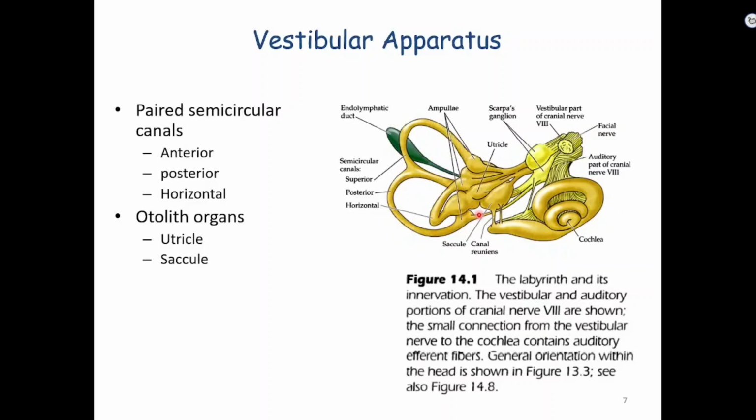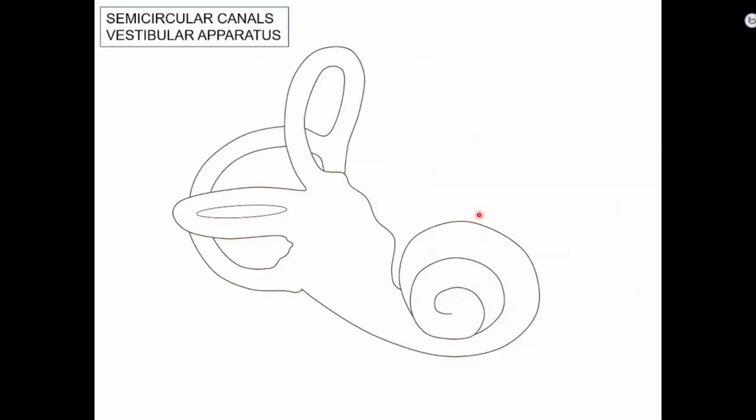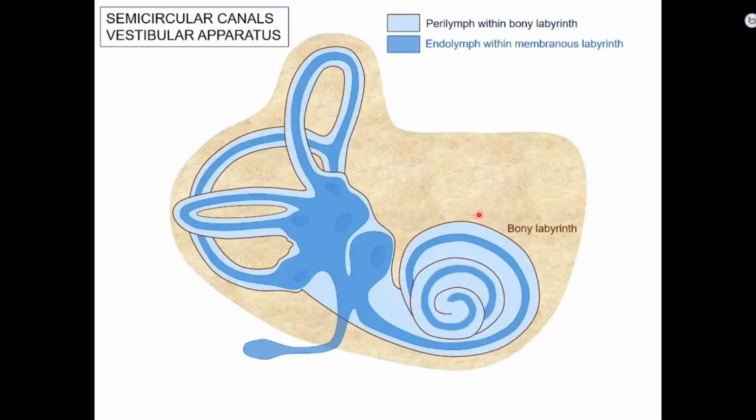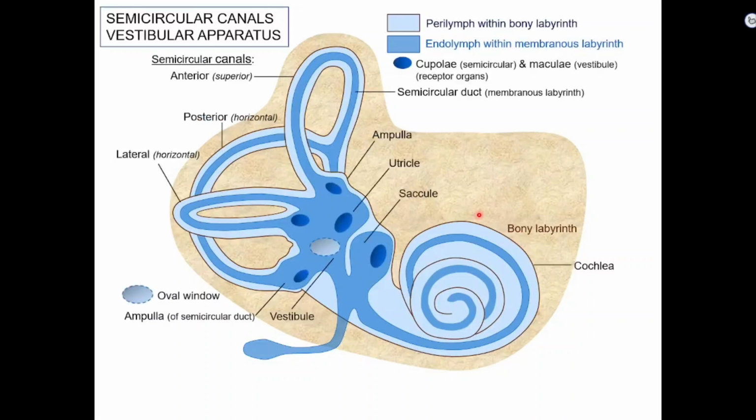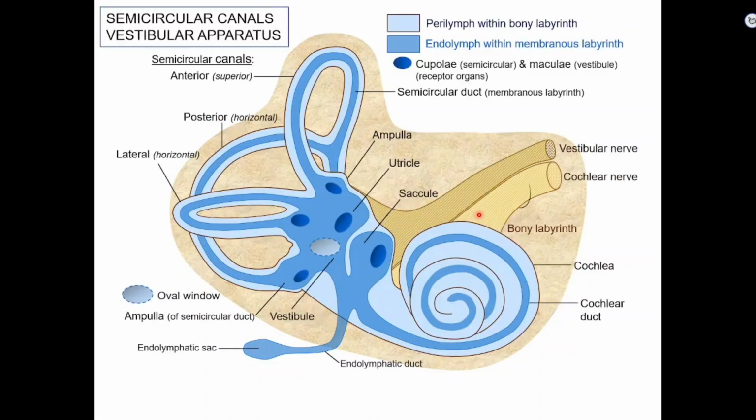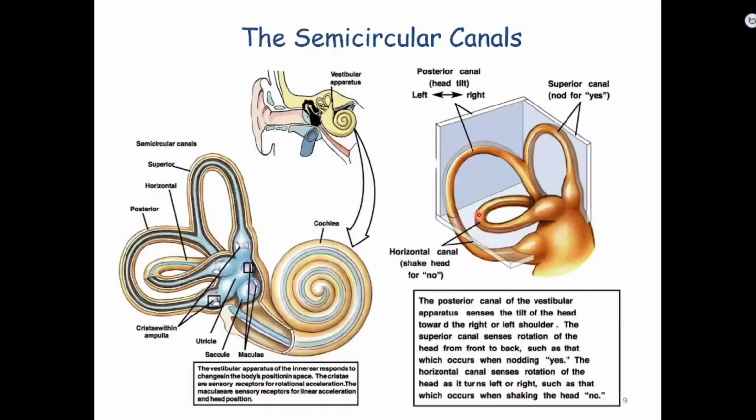Now there are three major semicircular canals or ducts, or whatever you want to call them, and the first thing you need to see is their position. This diagram is very important because you need to understand the position of these three semicircular canals.